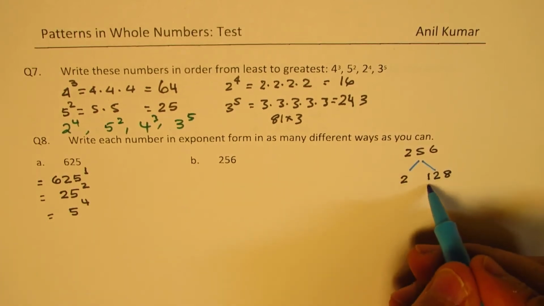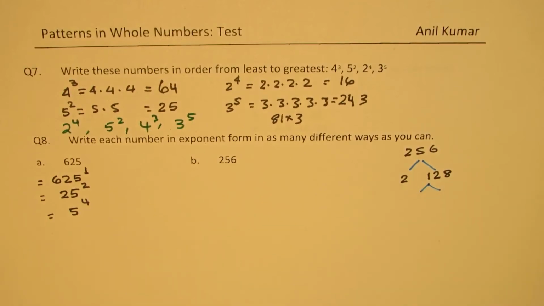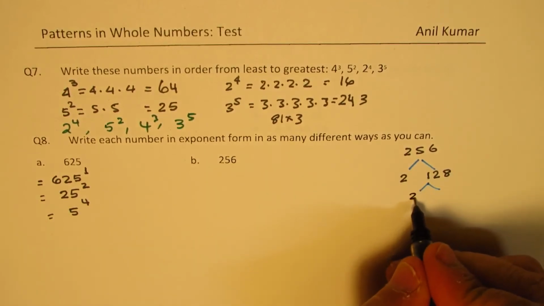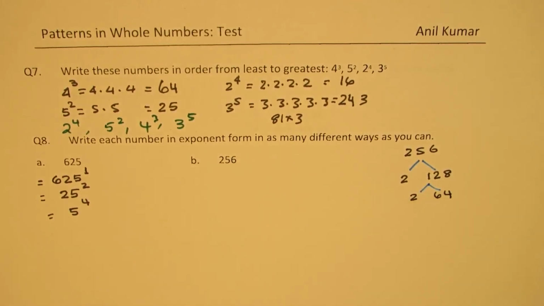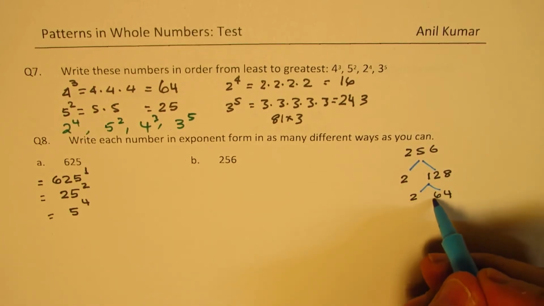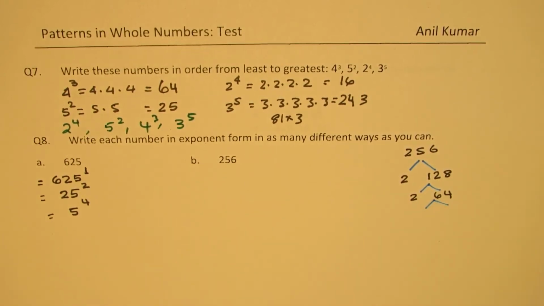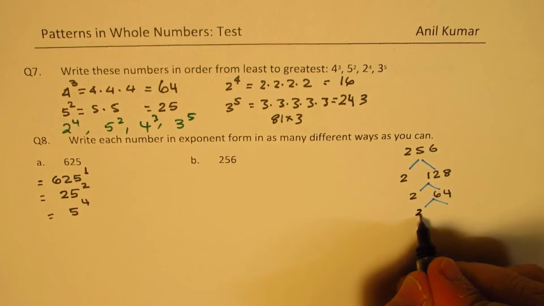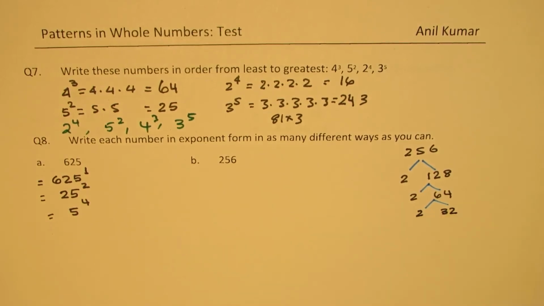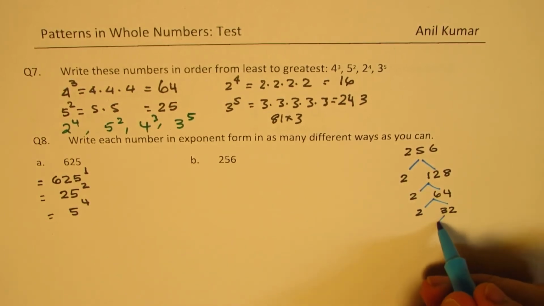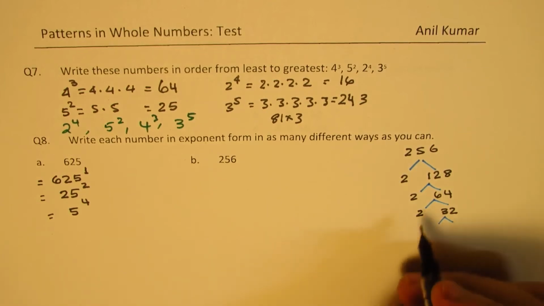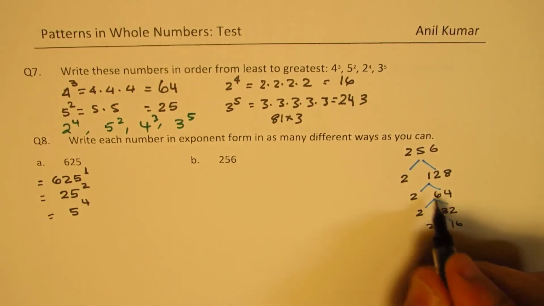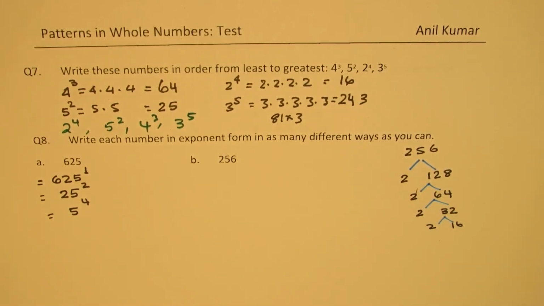And now again, half of 128 is 64. Half of 64 is 32. Half of 32 is 16. So likewise, do you see how we could write 256 as a power of 2?